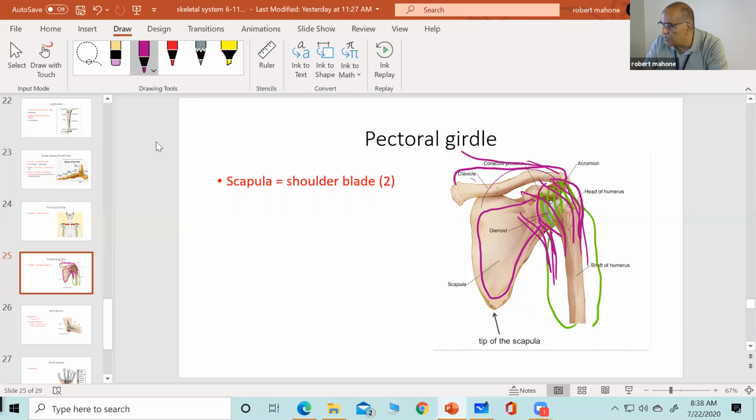With all of these structures in place, look at a place where you can pass a bullet through here and not do some damage.